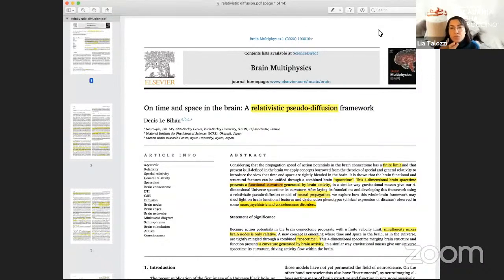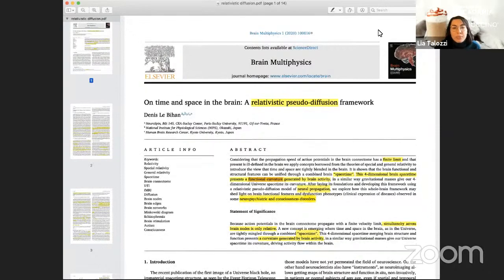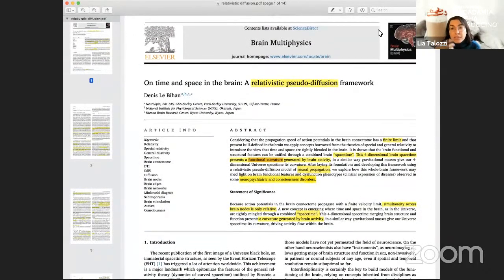These events usually are brain activations. So the velocity at which an electric impulse propagates through the brain is not infinite, there are some limits.